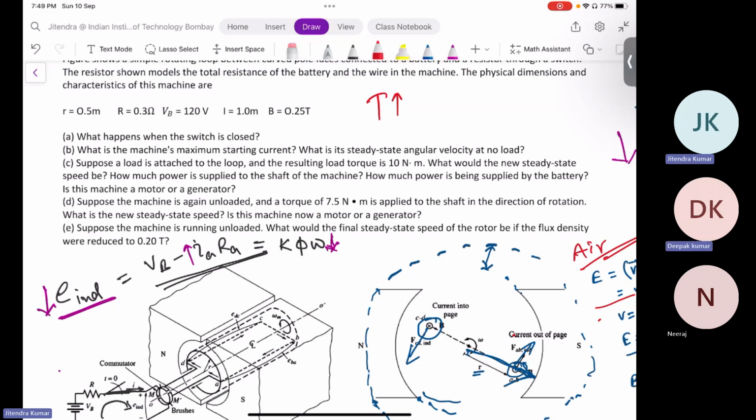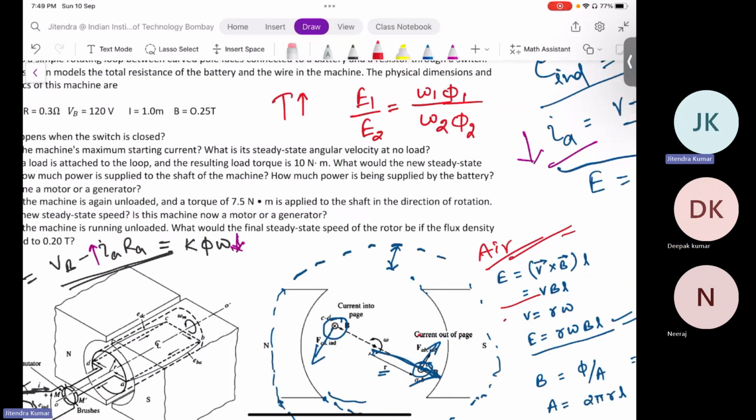And since we are dealing in terms of speed, we have to relate it with induced EMF. So now our ratio of E1 by E2 will not be any more omega 1 by omega 2. It will also have phi 1 by phi 2, obviously. So do not ignore this. Always make sure your flux is constant, then only you eliminate phi 1 and phi 2.